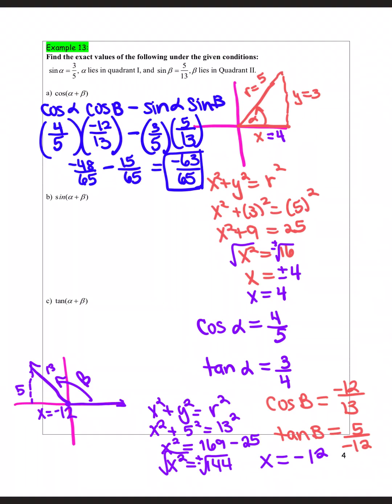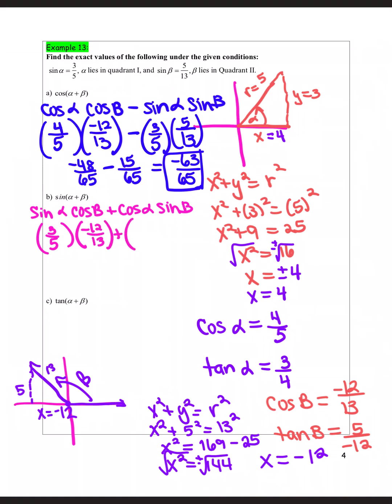Next, we have sine of alpha plus beta. So that's going to give me sine of alpha cosine of beta plus cosine of alpha sine of beta. Sine of alpha was 3/5. Cosine of beta was negative 12 over 13.